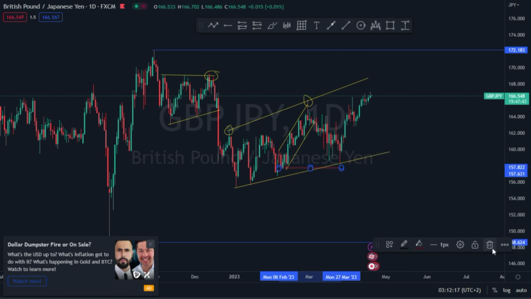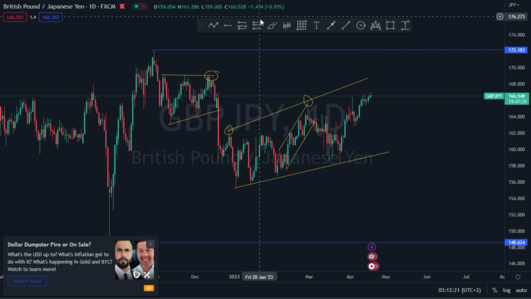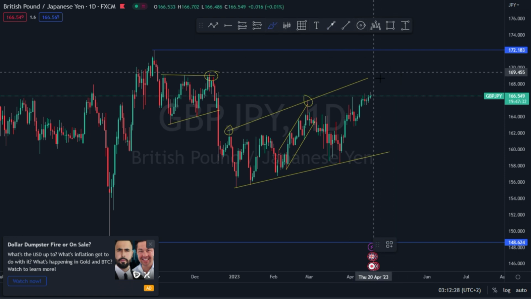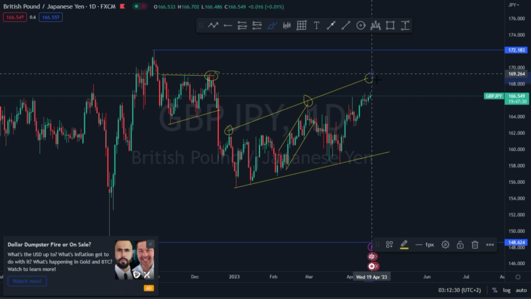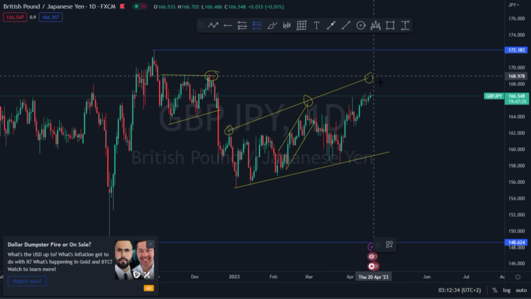So now that we have gone back up, we expect the market to give us that third touch of the upper trend line. That is where we want to get involved, and that would be the low risk entry.